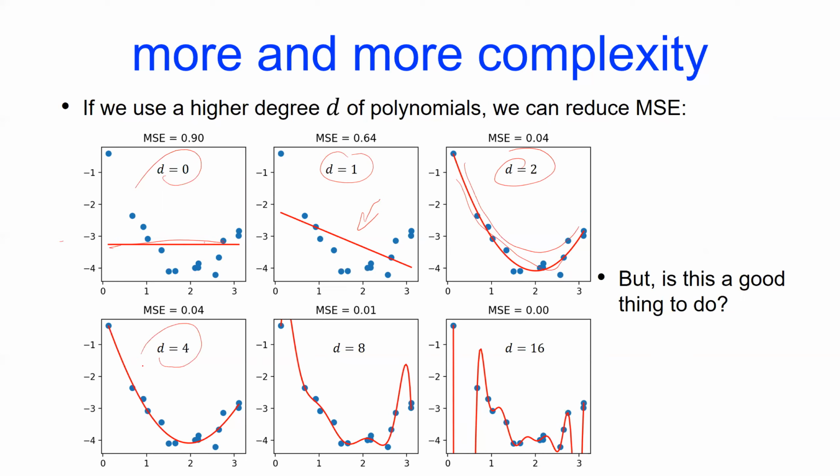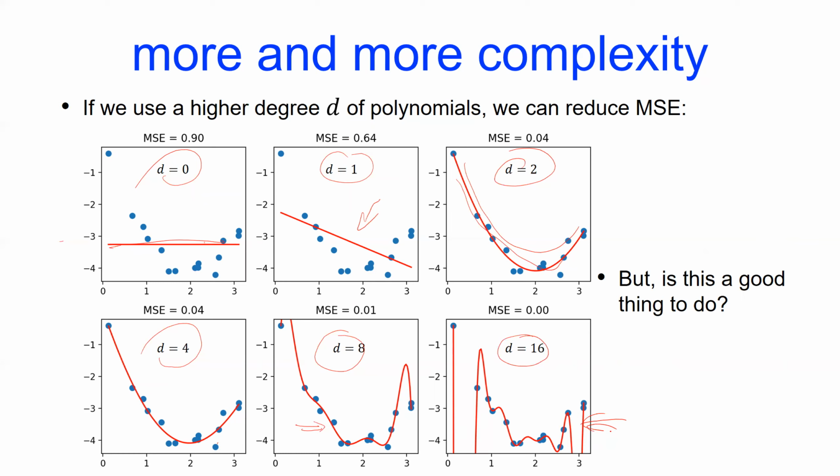If you have degree 4, in this case, it's fine. If you have degree equal to 8, you can see you start to fit those very fine details inside your training data. A lot of these small bumps up and down, you start to capture them. When you have degree equal to 16, you are fitting a lot of extreme details.